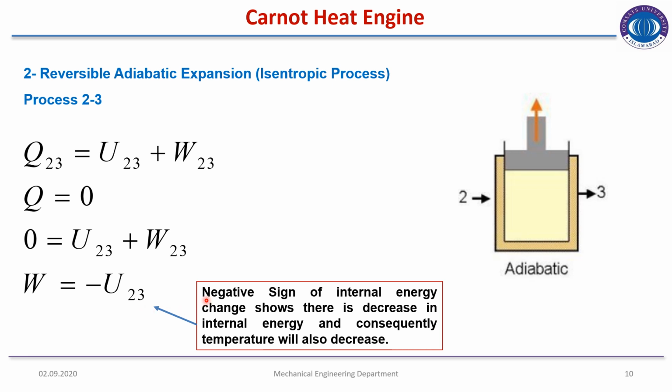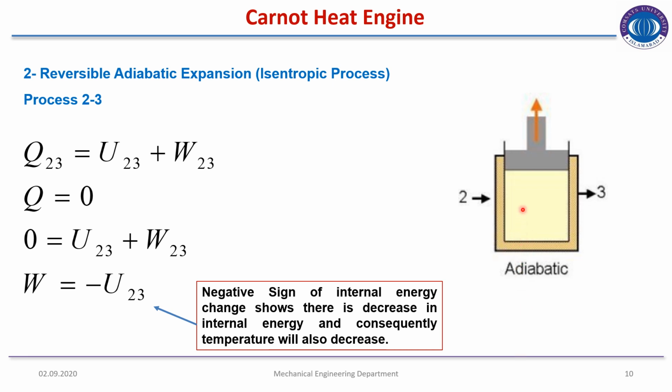The negative sign of the internal energy change shows there is a decrease in internal energy and consequently the temperature will also decrease. As this is an expansion process, temperature and volume are inversely related.